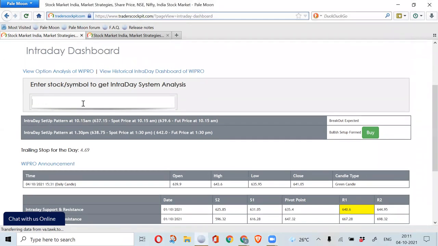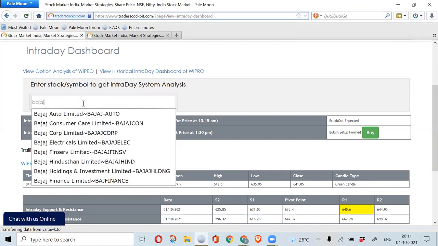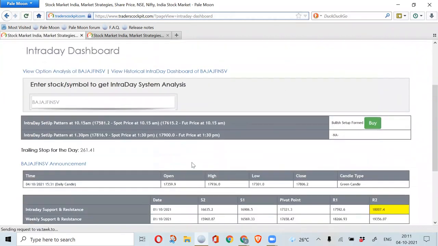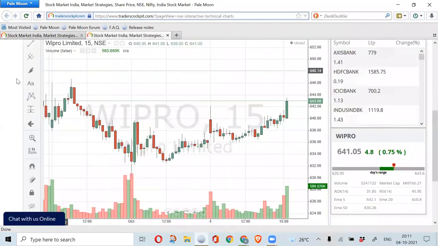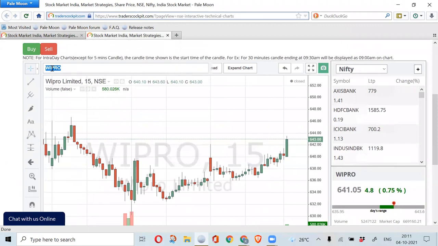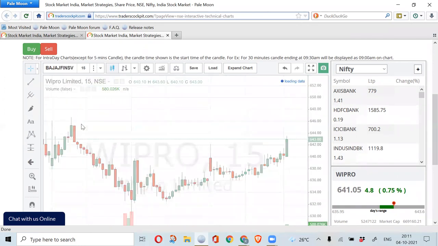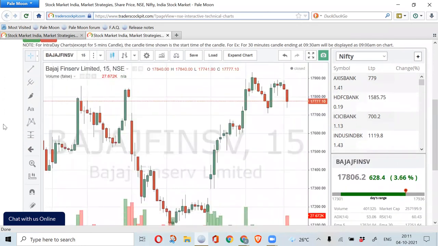So if you want to search for any other stock, we shall search for one. Some of the most prominent stocks like Bajaj Finserv. So Bajaj Finserv, in the morning itself at 10:15 a.m., a bullish setup is formed. We shall open Bajaj Finserv and see. Exactly.